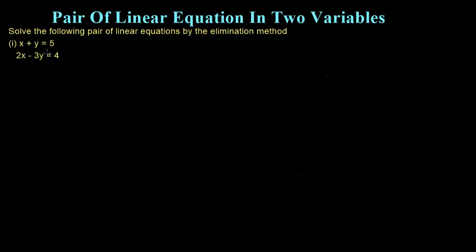This is the first question of exercise 3.4, where they have asked you to solve the pair of linear equations. They have given the linear equations here, and they are asking you to solve these equations by the elimination method. First, I want you to know what the general meaning of elimination is.